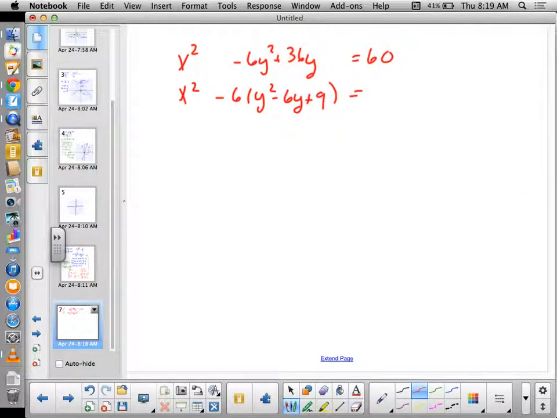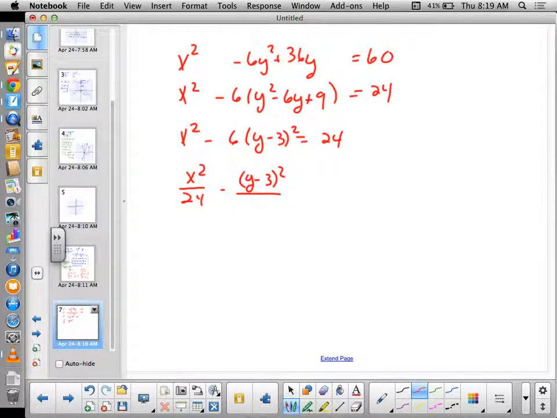Plus 9 times negative 6 is minus 54, so that's minus 36 from each side, so that gives me a 24. So that's x squared minus 6 (y minus 3) squared equals 24. So if I divide by 24, that's x squared over 24 minus (y minus 3) squared over 4 equals 1.